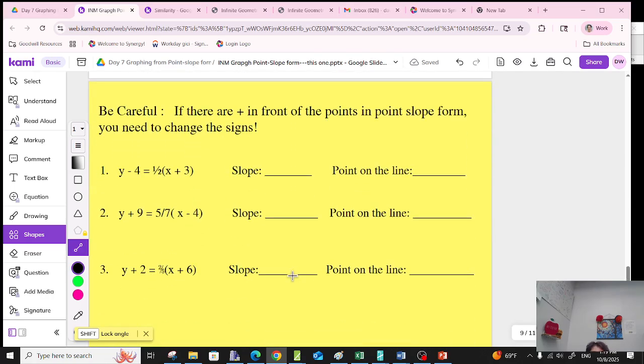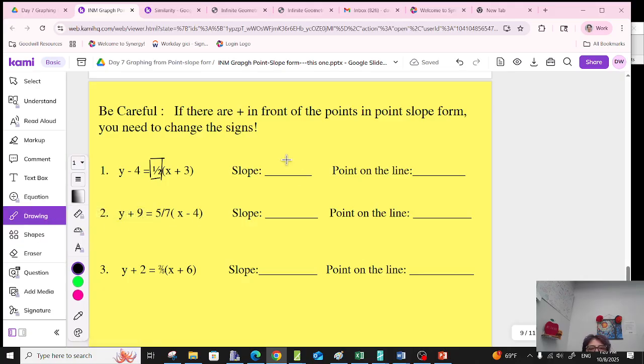So here, instead of just jumping to graphing, I gave us some practice. So what is the slope in this formula here? Yeah, it's right here. Yep, it's 1/2. Okay, so the point on the line, remember to change the signs. And so this one's the one with the X. X is going to come first.